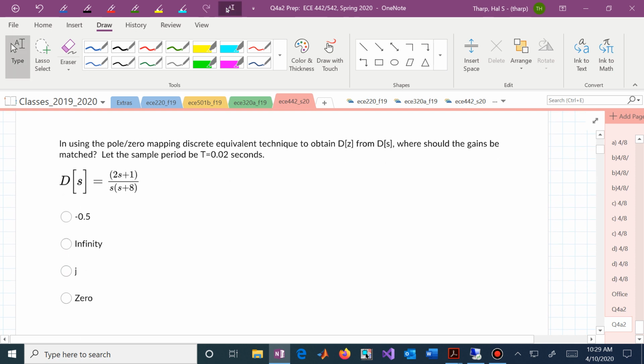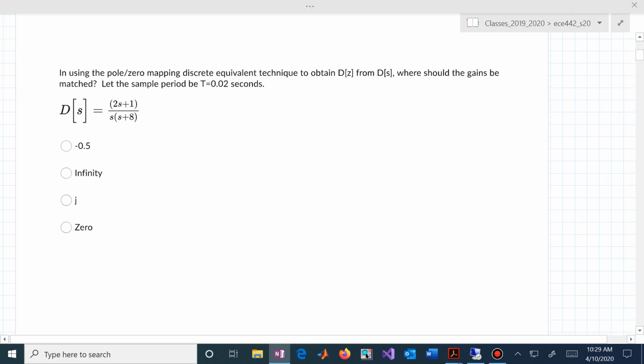So all of that background to help us maybe talk about matching the gains here. And I was hoping this maybe wasn't worded real well, but these are values of s. If you actually looked at these options, hopefully you would see that d of s, when s is equal to minus 1/2, d is equal to 0. Can't match. What about at infinity? When s goes off to infinity, d goes to 0, and you can't match.